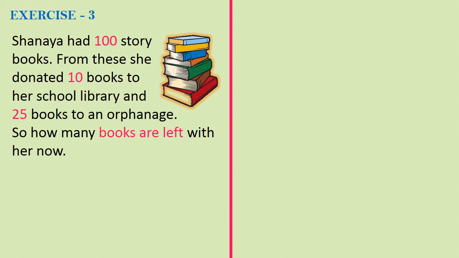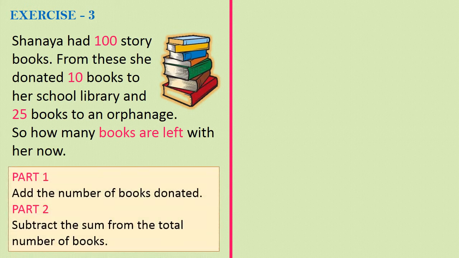To get the answer, we have to solve the problem in two parts. In part 1, add the number of books donated. In part 2, we will subtract the sum from the total number of books.